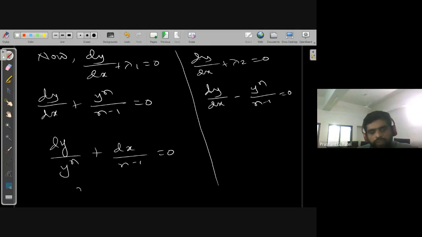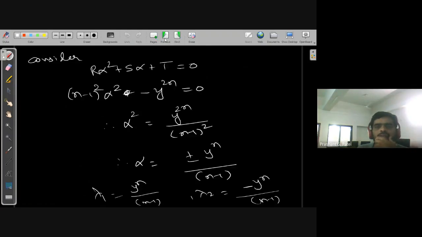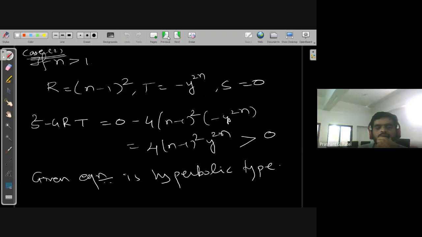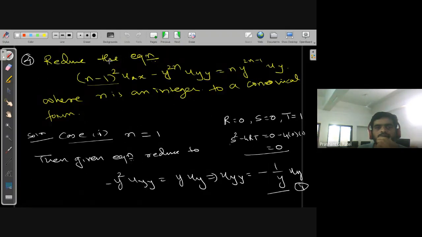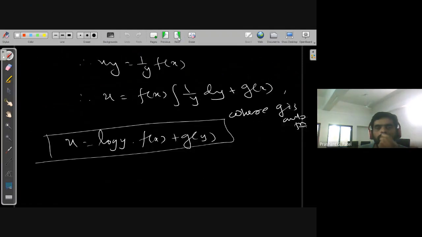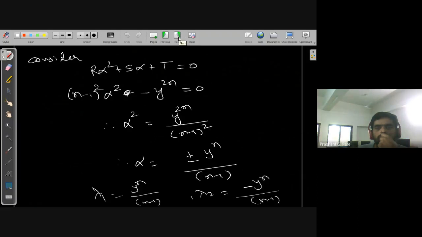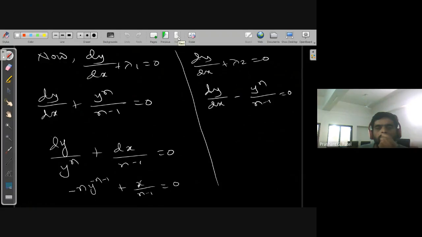If I integrate, this gives y^(1-n) upon (1-n) plus x upon (n-1) equal to some constant c1.